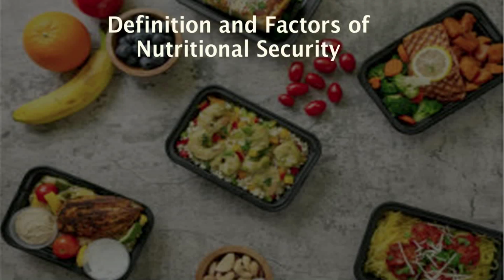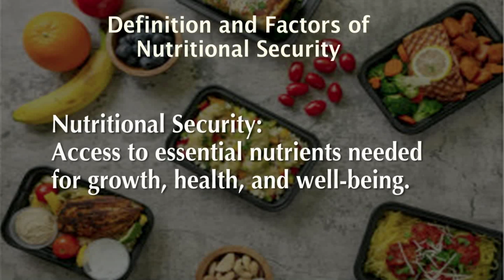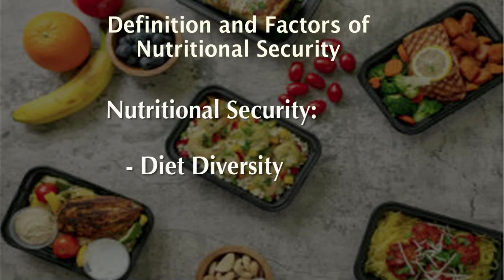Now, the simplest definition of nutritional security is access to essential nutrients needed for growth, health, and well-being. Now, there are different factors which affect nutritional security. The first factor can be dietary diversity.